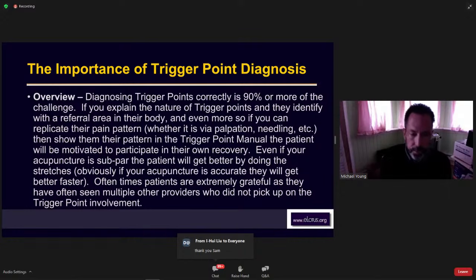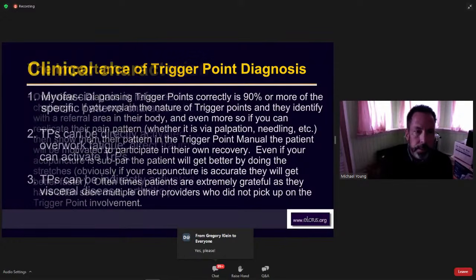Obviously they get better faster if your acupuncture is appropriate, but they're going to get better if they do the right stretch. So I think we're more effective as a coach in this situation. Oftentimes they're very grateful. Again, they've often seen other practitioners and nobody figured out the trigger point part.